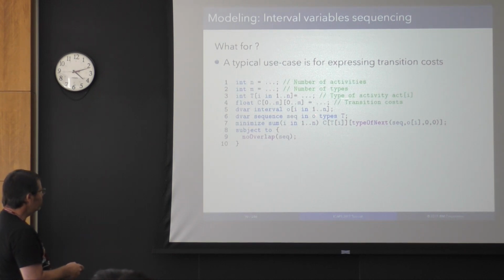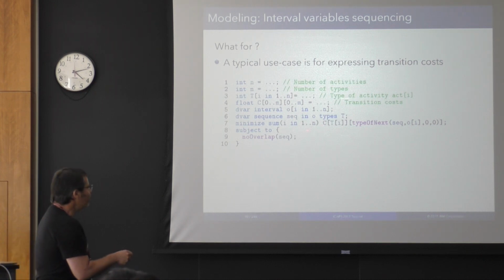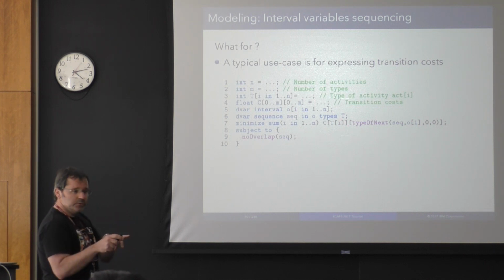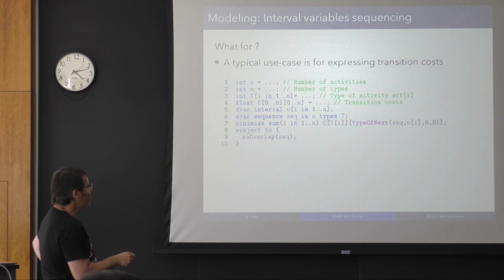For instance, you would have a matrix of costs, where the cost of transitioning from a given type to another type is given in the matrix. Then you minimize the sum, for each interval variable I, of the element in the matrix that corresponds to the row type of I and the column that corresponds to the type of the next.